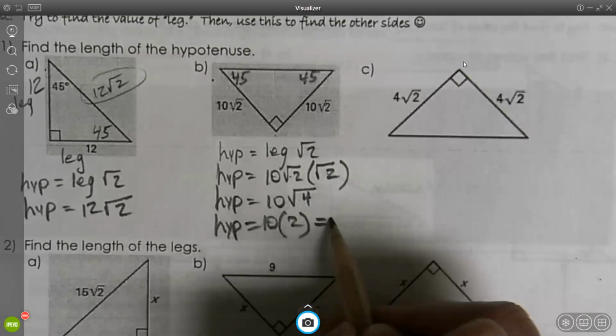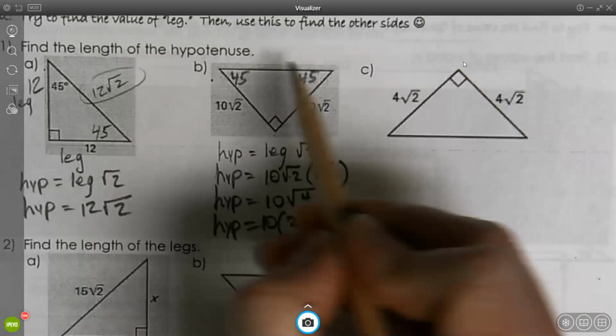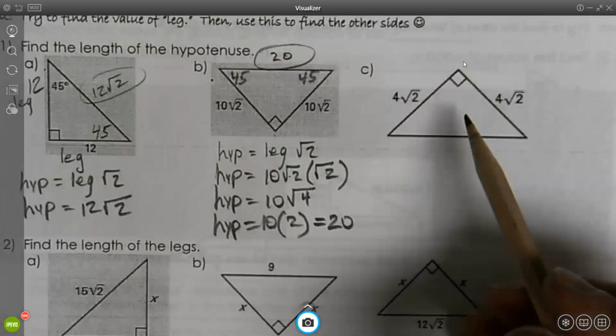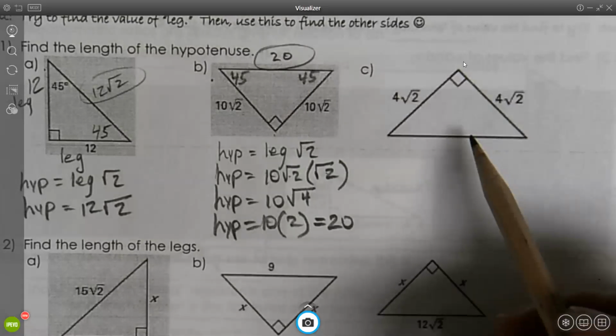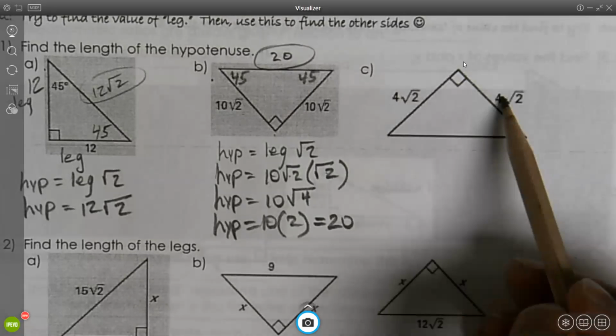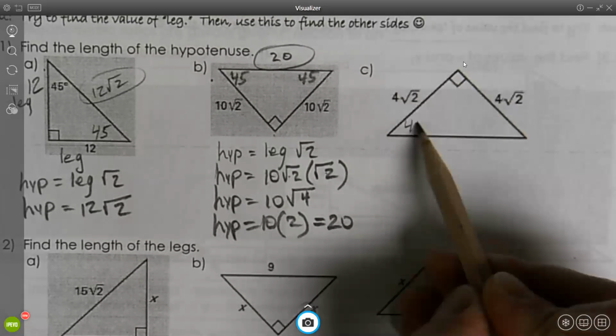So this will come out to be 20. The hypotenuse is 20. That is the leg times root 2. Same idea for this last example. We have a right angle and two legs that are the same, so yes, it's a 45, 45, 90 triangle.